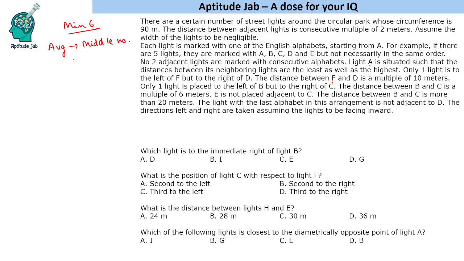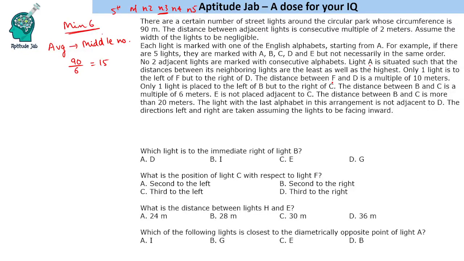So total is 90. 90 by 6 is 15. Now there are six numbers, so the middle number cannot be a number. If there are an odd number of numbers, like five numbers, n1, n2, n3, n4, n5, I can say that n3 is the middle number.